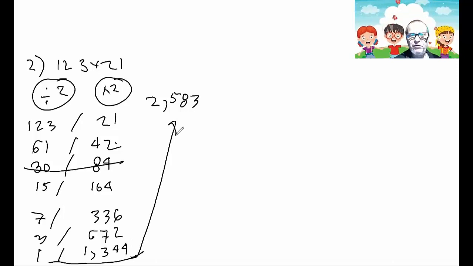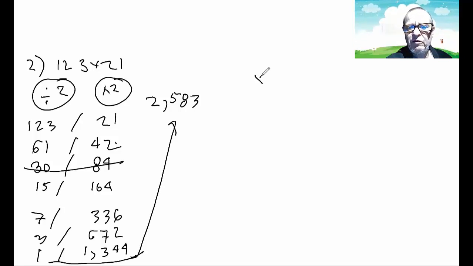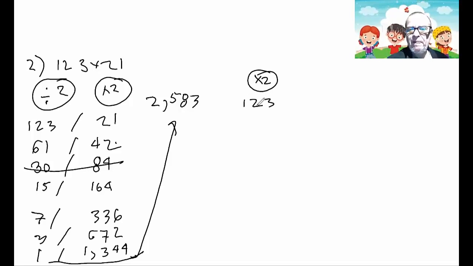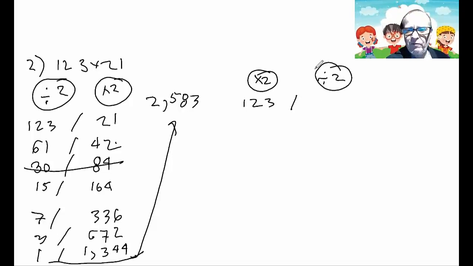Now I'm going to go the other direction. So I'm going to multiply by 2 the 123, and I'm going to divide by 2 the 21.